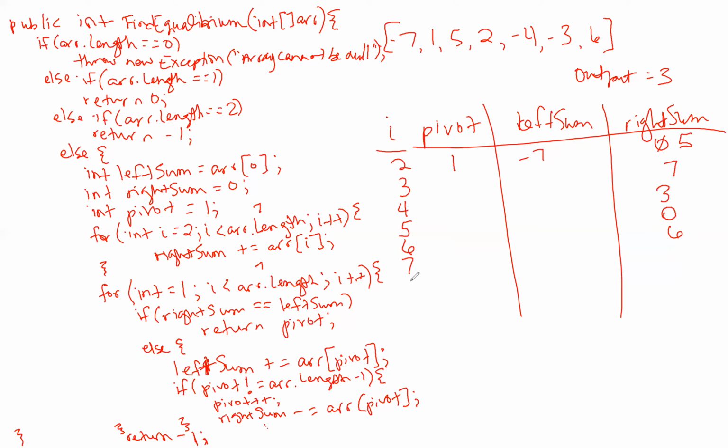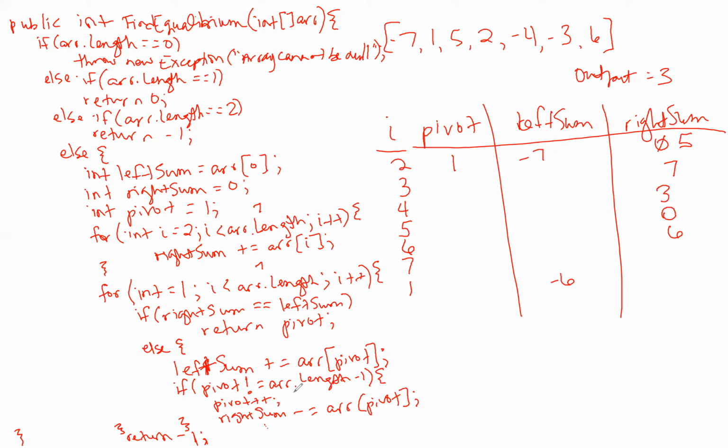Now i equals 1, and 1 is less than 7. So we go in. If right sum equals left sum, okay, left sum equals -7, right sum equals 6. They do not equal each other. Else, left sum plus equals array at pivot. So pivot's 1, so we're adding 1 to -7, which becomes -6.